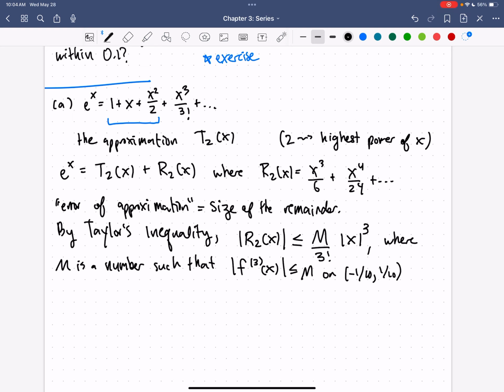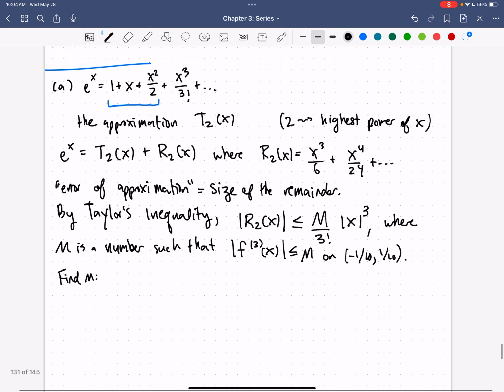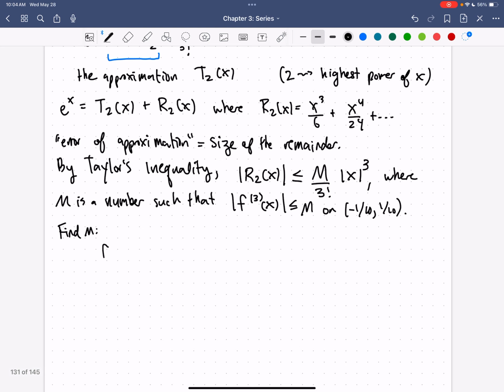So we need to find M. And to do that, we need to actually look at what the third derivative is. Well, our function is just e to the x, so the third derivative is just e to the x.